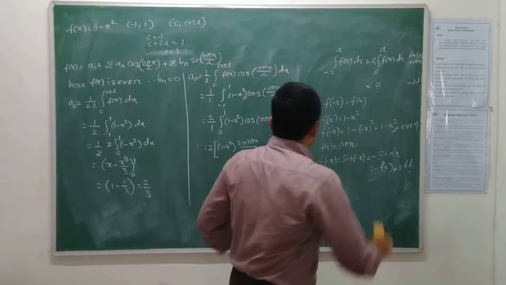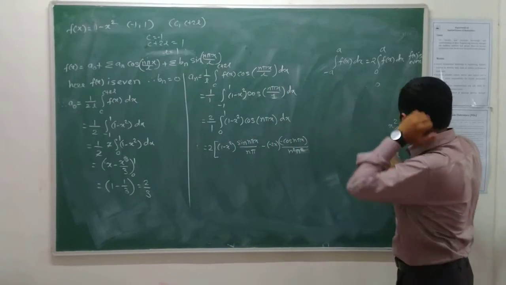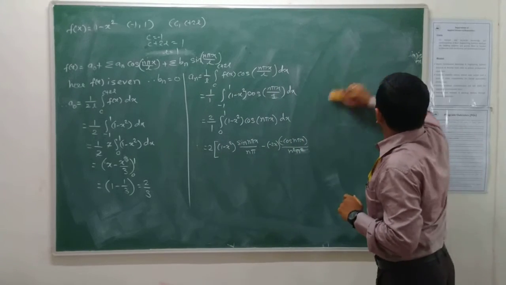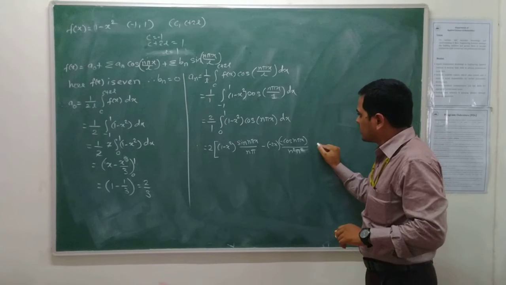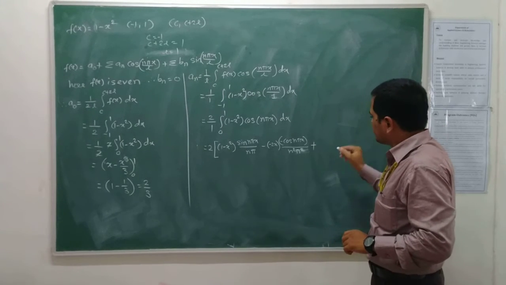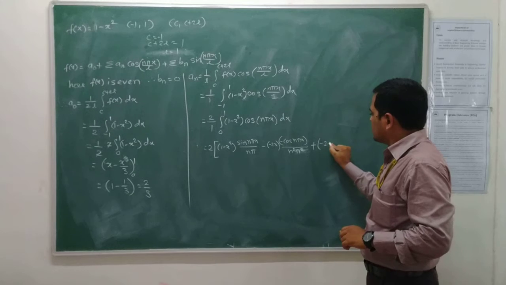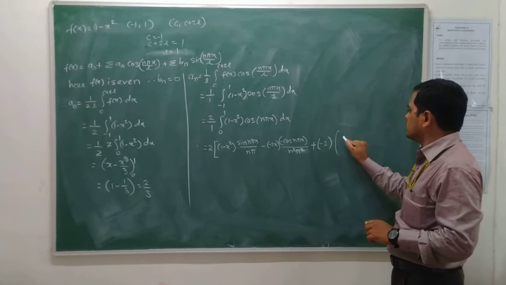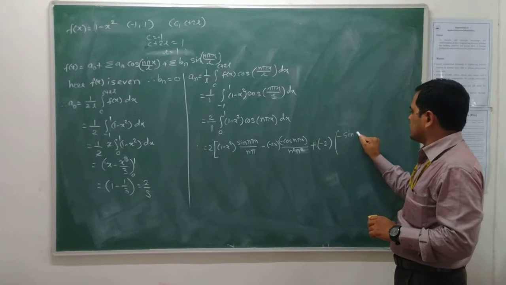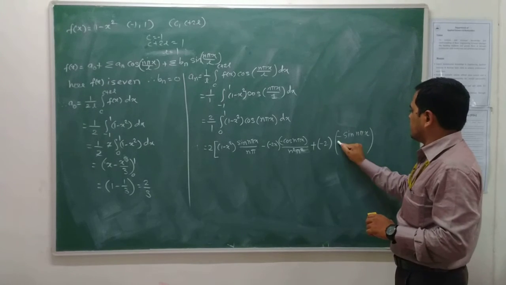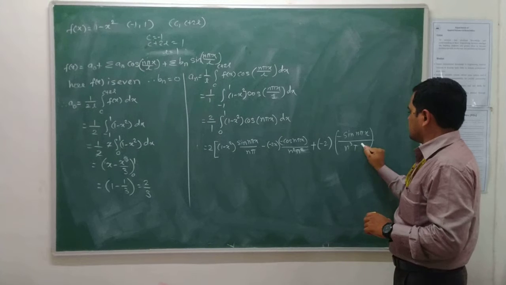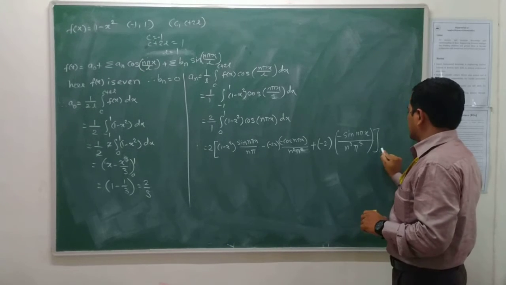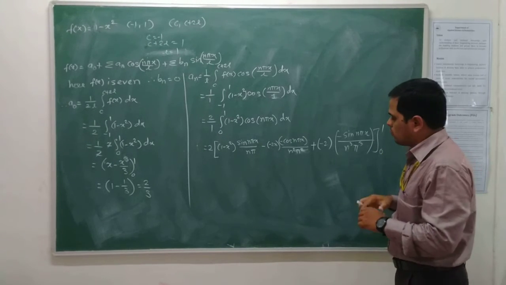Okay, this part is not required to us. I'll just wipe it out. I hope you have noted that part. Next is plus. The derivative of minus 2x will be a minus 2. Integration of minus cos n pi x will be minus sin n pi x divided by n cube pi cube. Limits from 0 to 1.